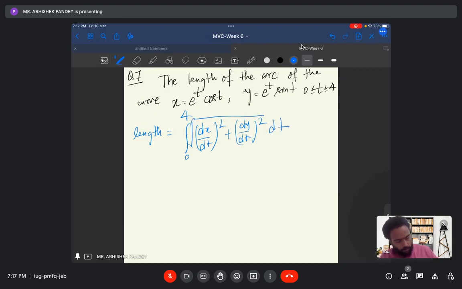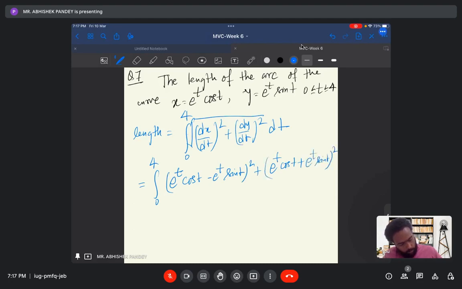Okay, so this is nothing but the integral 0 to 4, where dx by dt is e to the power t cos t minus e to the power t sin t, whole square, plus e to the power t cos t plus e to the power t sin t, whole square, dt.